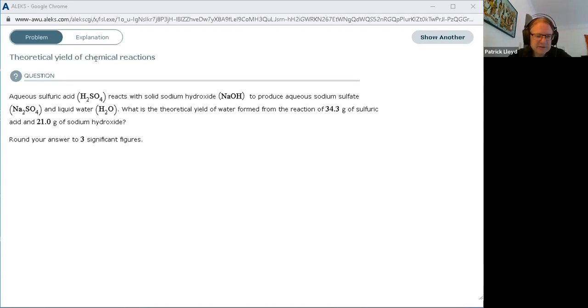So let me stop share. Oh, sorry, it's up here. There we go. Okay, so we'll start with the equation. The reactants are H2SO4, it's aqueous, so we put aq, reacting with sodium hydroxide, NaOH, solid.